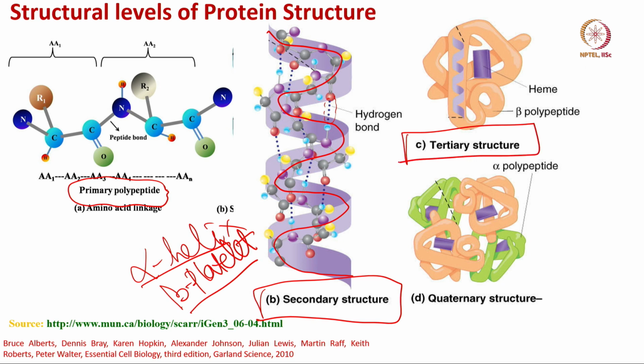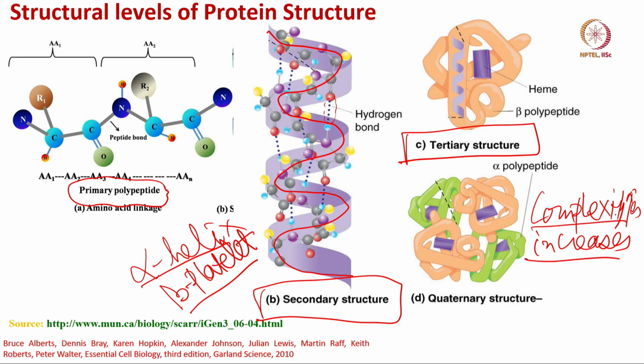Then you have a tertiary structure. The tertiary structure makes a more coiled form, and if you look at these, the complexity of the protein structure increases as you go from primary structure to secondary structure to tertiary structure to the quaternary structure.